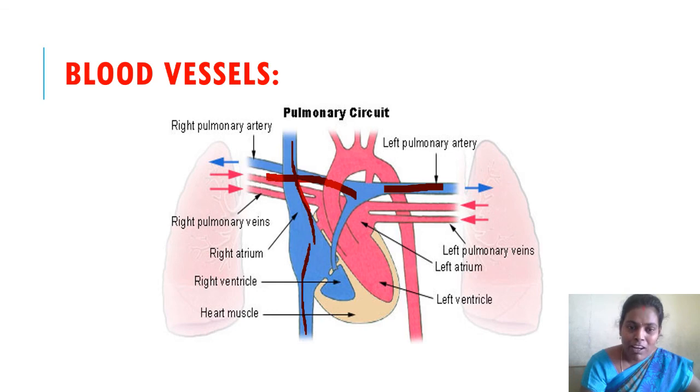The pulmonary artery which reaches the right lung is called the right pulmonary artery, and the one which reaches the left lung is called the left pulmonary artery.